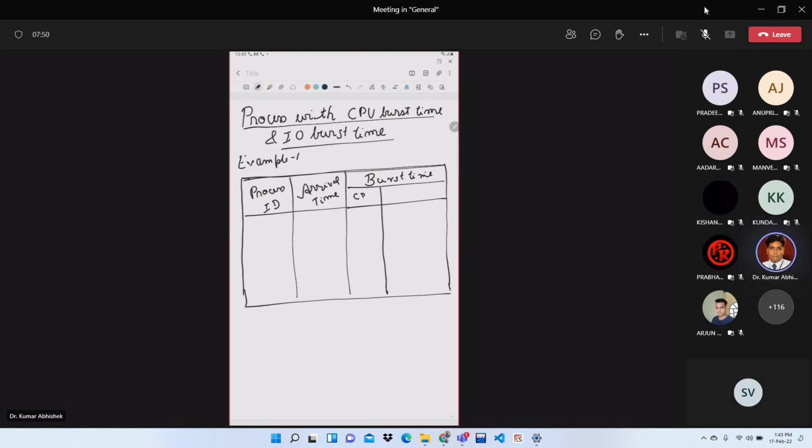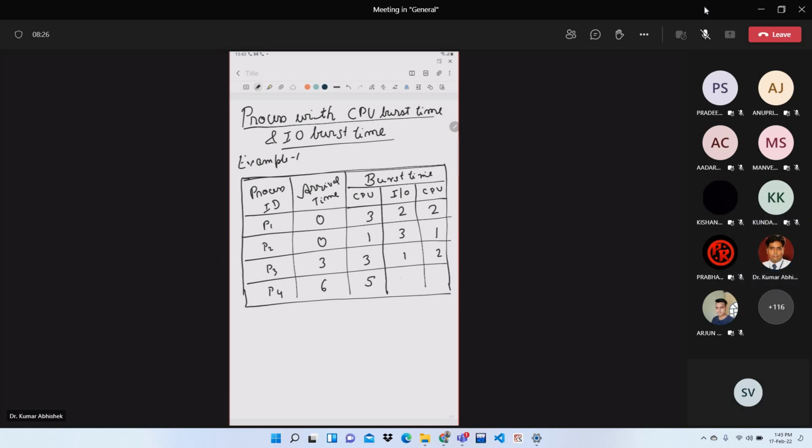This is for CPU burst time. This is IO burst time. Again, we have CPU burst time. The processes are P1, P2, P3, P4, and arrival time is 0, 0, 3, 6. The burst times are 3, 2, 2, 1, 3, 1, 3, 1, 2, and 5, 4.